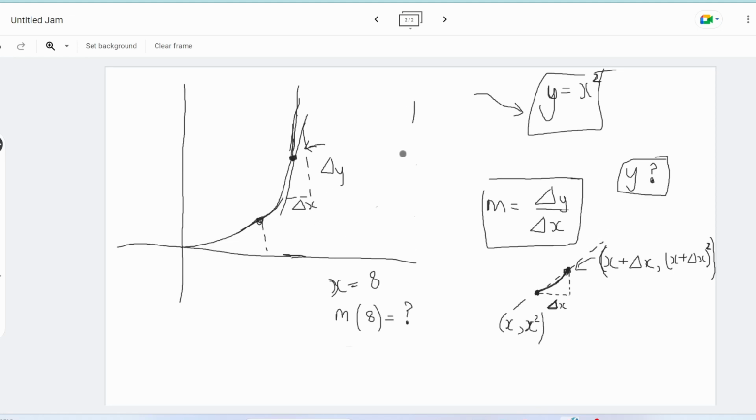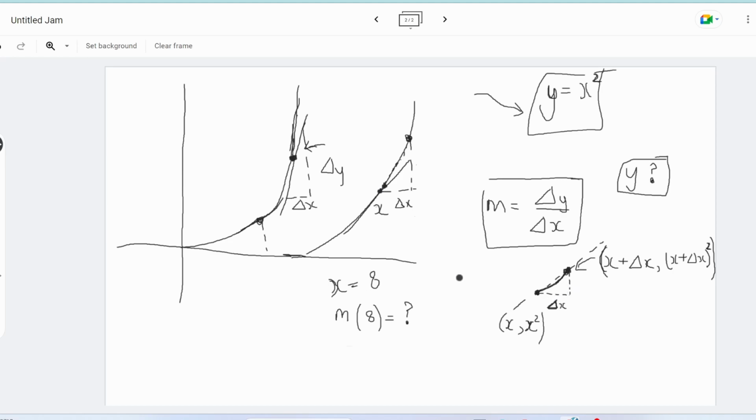Let's say this point is x, this point is x plus delta x. Imagine, as I shrink delta x, this point gets closer and closer until eventually the points are so close, I can consider them a tangent. And once they're close enough, I can say, well, approximately, that's a straight line.